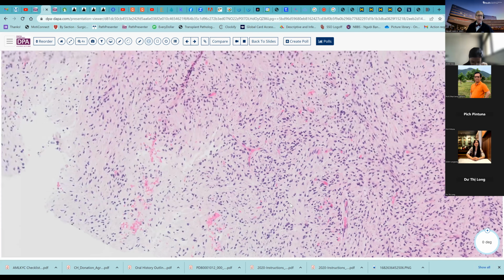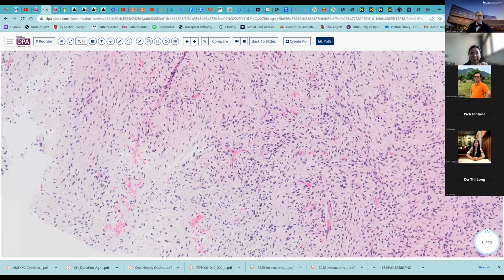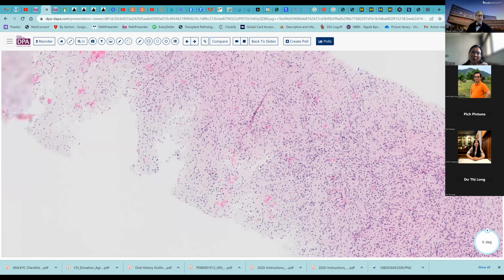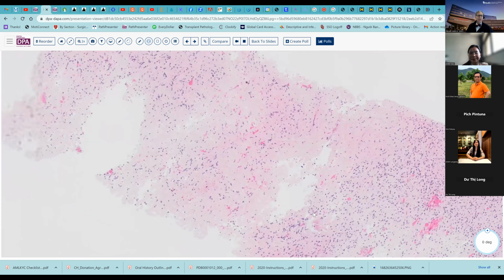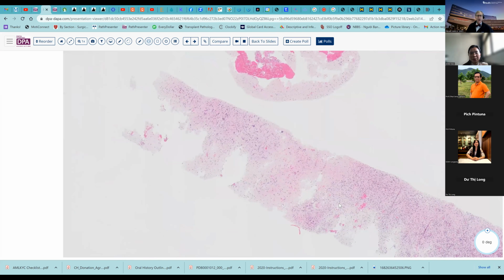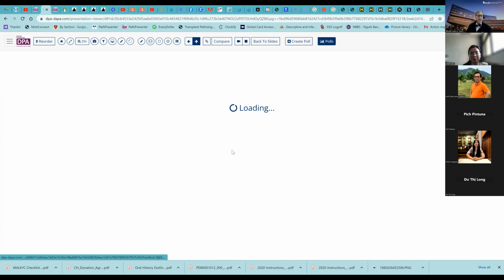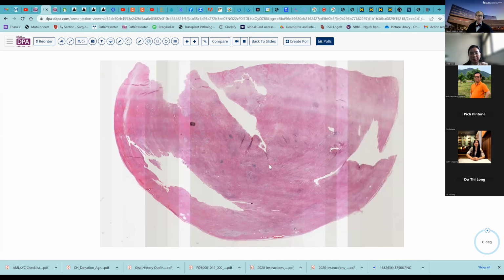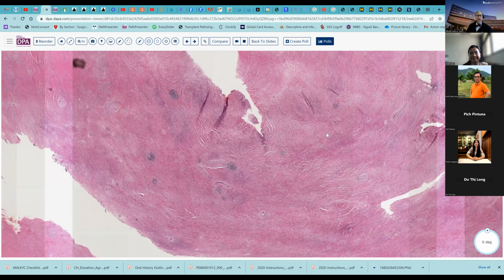Now, I looked and looked to see if I could find some curvilinear blood vessels, and this is about as close as I came to it here on this biopsy. So it's that vasculature finding is maybe not always going to be there in a biopsy. Well, let's look at a couple of resection specimens, and I apologize for the scanning lines here.